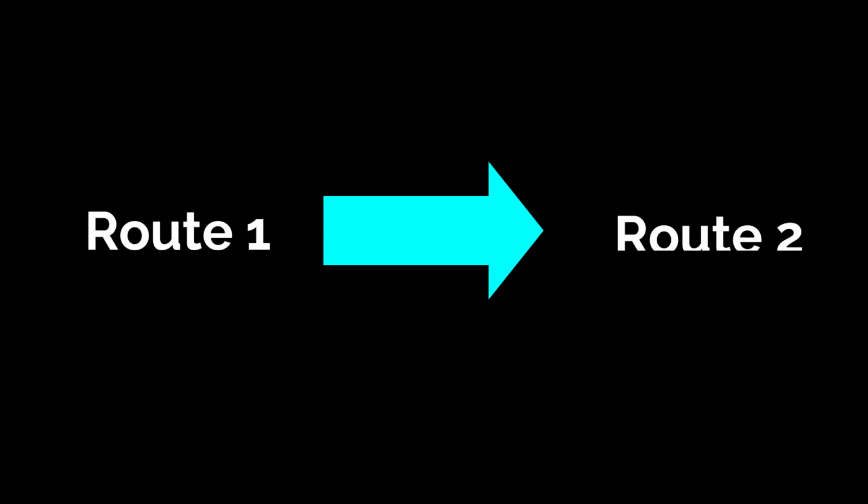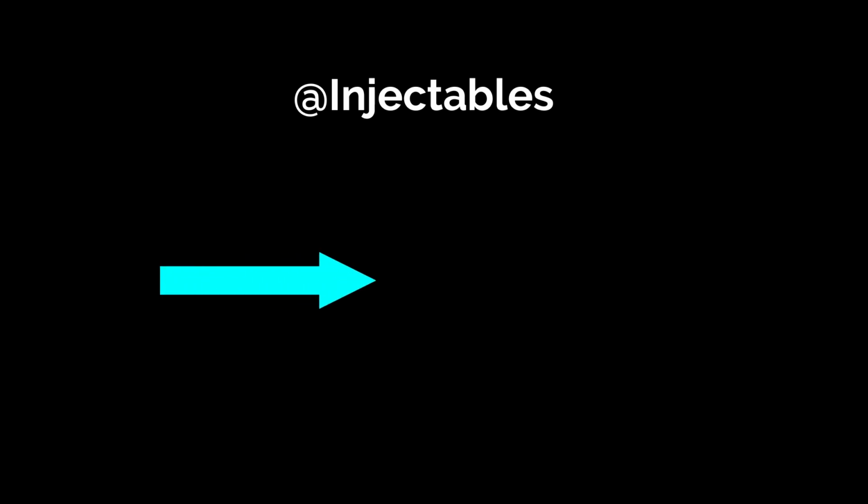This is a bit of a lengthy topic, so today in this video we'll be looking into how we can pass data from one route to another route. Angular does provide a solution to this by giving us injectables which are singletons.